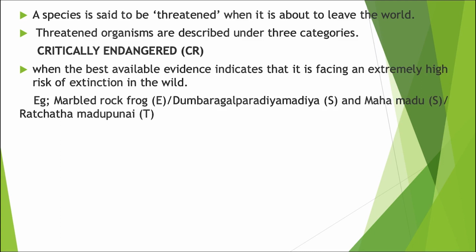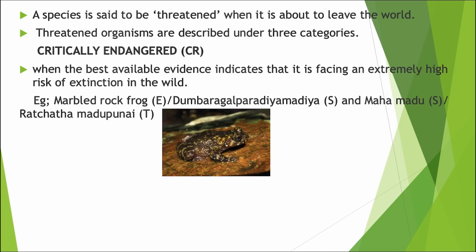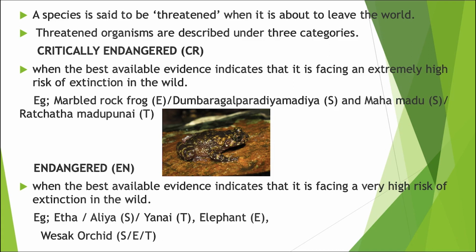Critically endangered, that is a taxon where the best available evidence indicates that it is facing an extremely high risk of extinction in the wild. An example from Sri Lanka is the marbled rock frog. Species that are endangered belong to this taxon.